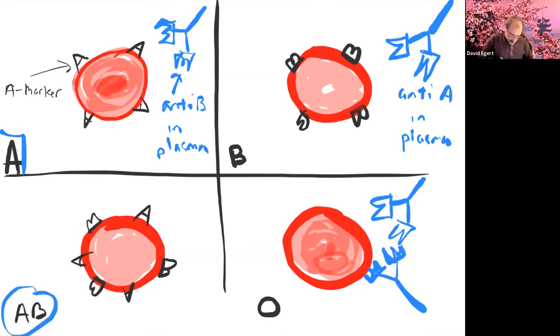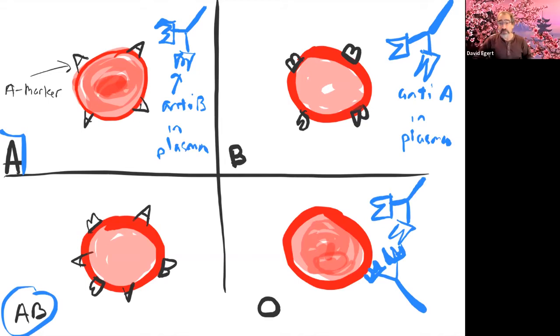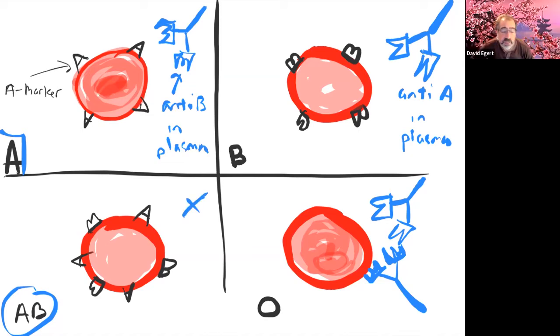What about AB blood? Remember, O isn't anything, though. Are you not going to have antibodies? Exactly. So type AB blood will not have any antibodies.